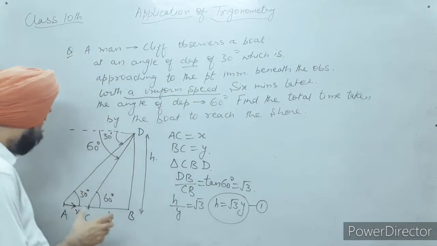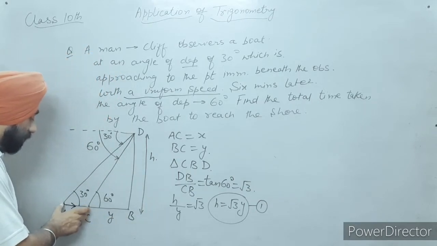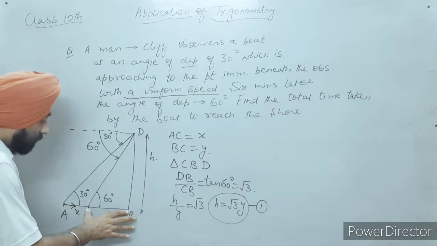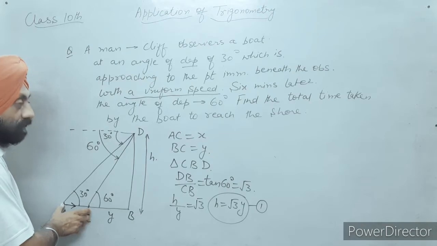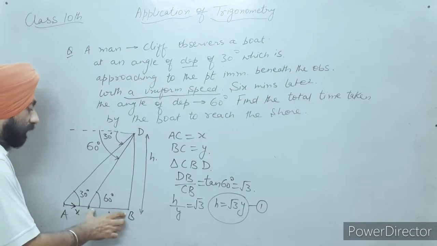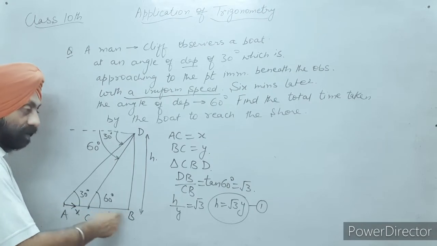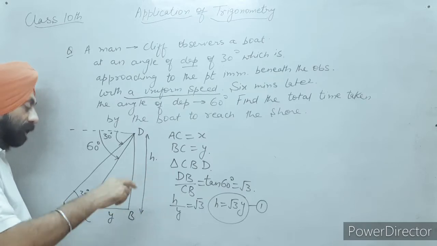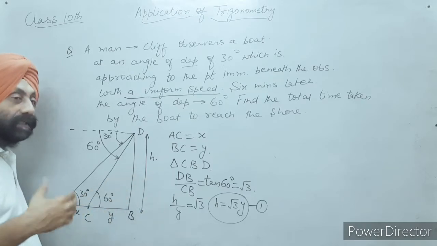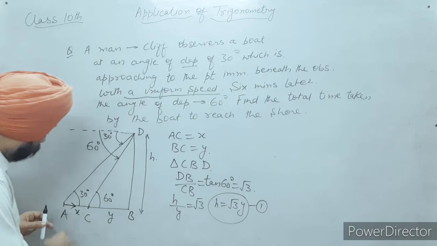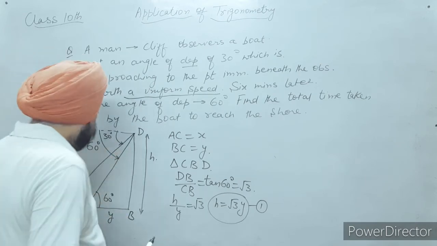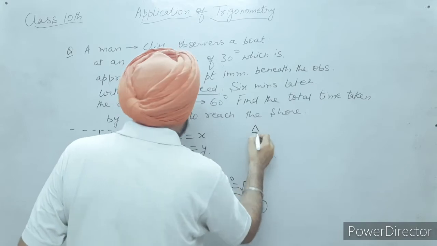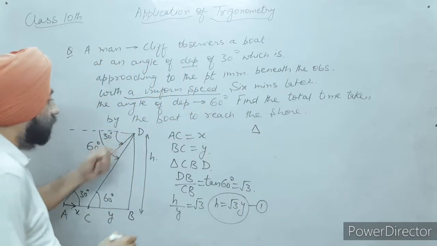What I supposed was, let the AC distance be x, let the CB distance be y. AC distance is covered in 6 minutes. I want to find in how much time y distance is covered. In the end, I will add these two, so I get the total time taken by the boat to travel from A to B. Now take the bigger triangle, triangle ABD.